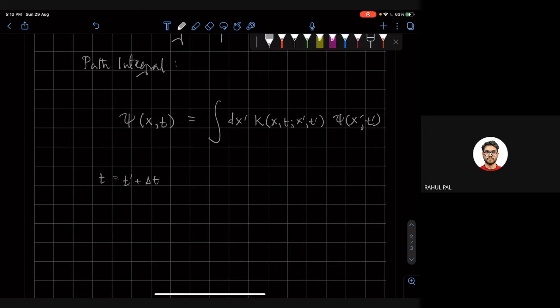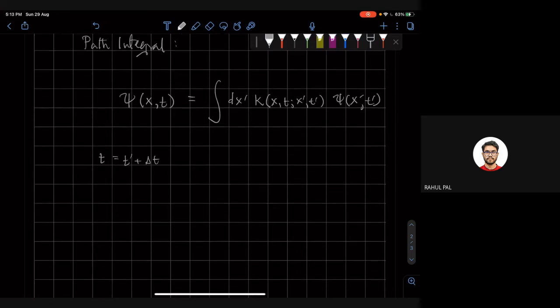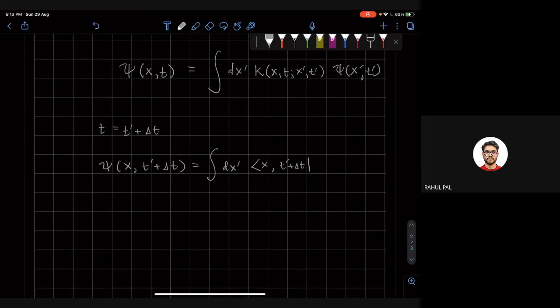Then the above equation can be written as psi of x, t prime plus delta t, equal to the integral of dx prime, and here we are going to have the propagator from x prime, t prime to x, t prime plus delta t, times psi of x prime, t prime.